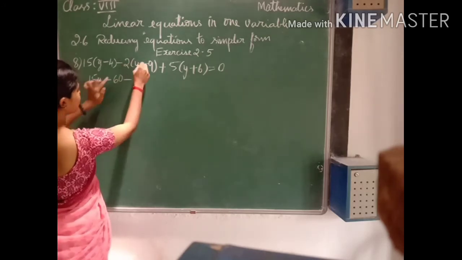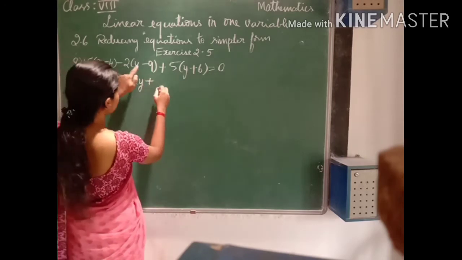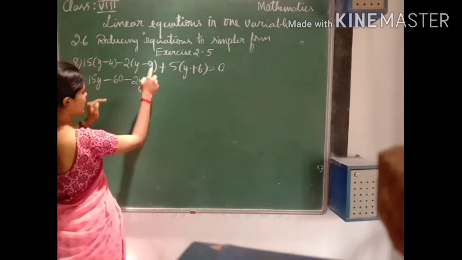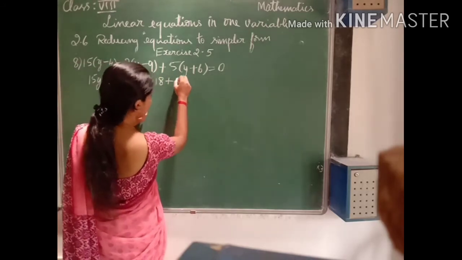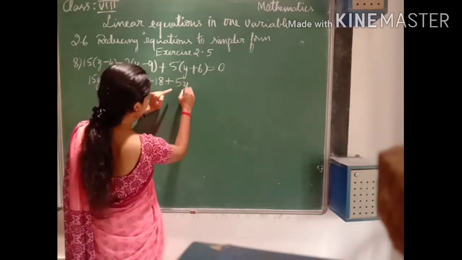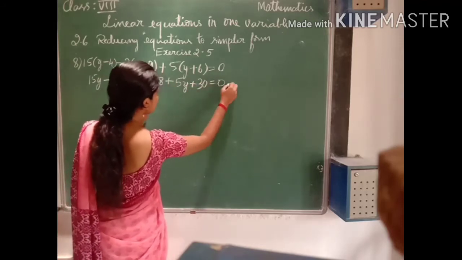Minus 2 into y is minus 2y, minus into minus is plus, 2 nines are 18, plus 5 into y is 5y, plus 5 6s are 30 is equal to 0.